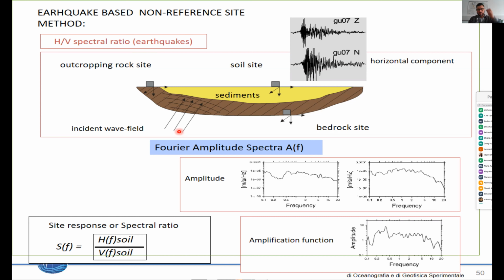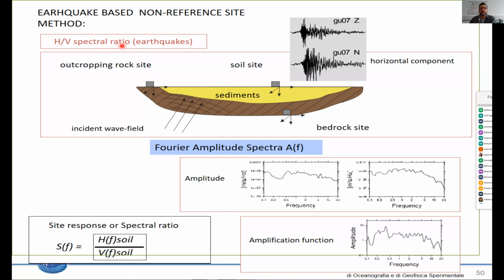Some years ago an alternative was proposed, to use only a single station. So different from before, what is known as the H/V spectral ratio was introduced, but in this case for earthquakes.